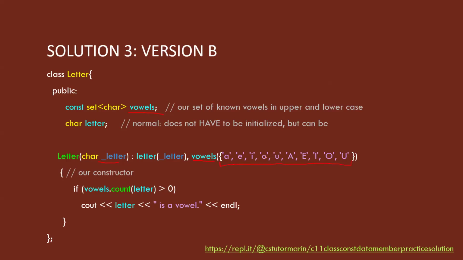Nobody really passed me this. They could have passed it as a second argument, but I'm just showing you another way to modify that value through the constructor initializer list. It could have been passed as a second argument to our constructor as well. So two ways to initialize a const data member, in this case, an entire set.